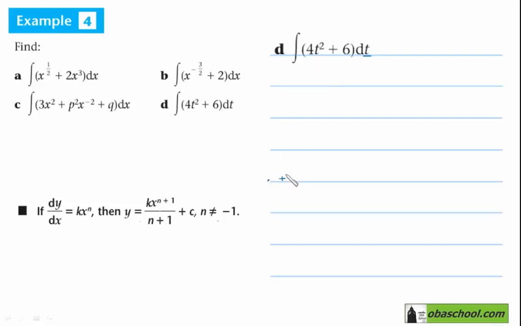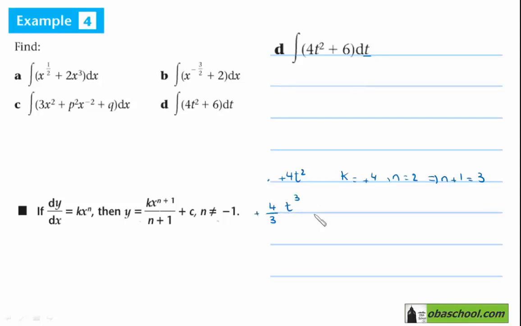The first term is 4t squared. By comparison, k is equal to 4 and n equal to 2, then n plus 1 is equal to 3. By substitution, the integration of the first term is 4 over n plus 1, that is 3, multiplied by t, the variable, to the power n plus 1, that is equal to 3.